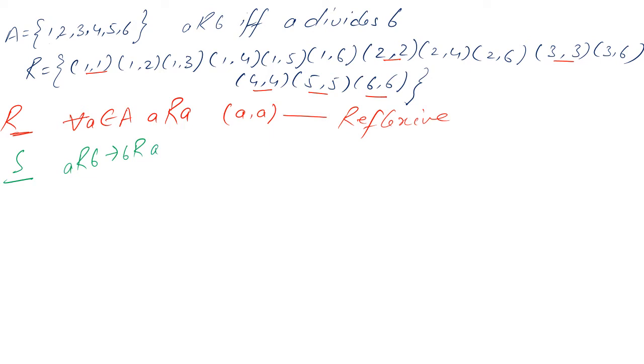So let's see, if (1,2) is there, can you see any (2,1) over here? No, I cannot see that. So that means if 1 is related to 2, 2 is not related to 1. Now even for a single pair (A,B), if the corresponding (B,A) pair is not there, I can directly say that this is not a symmetric relation.